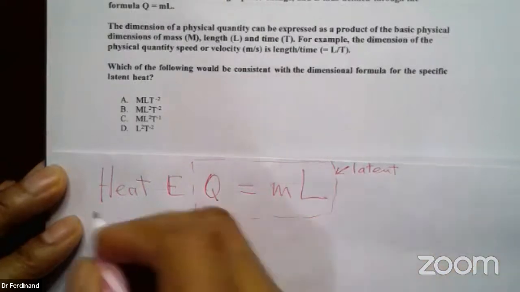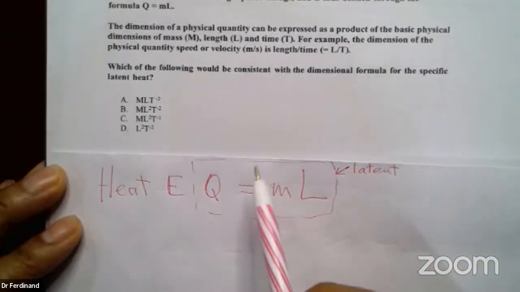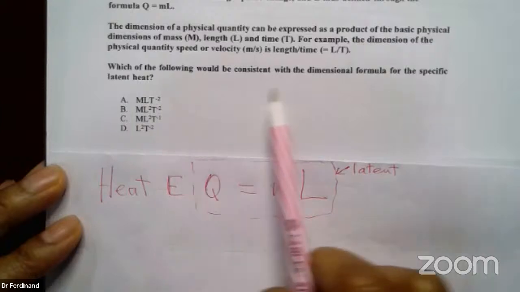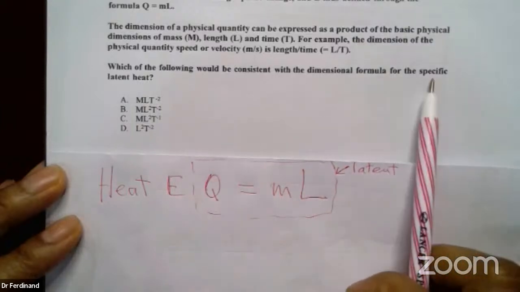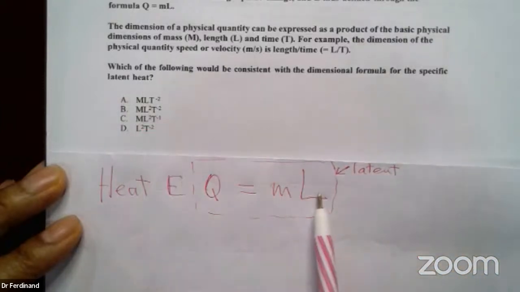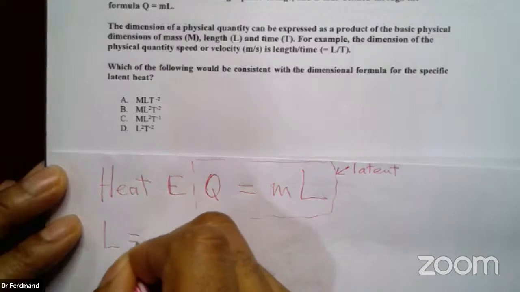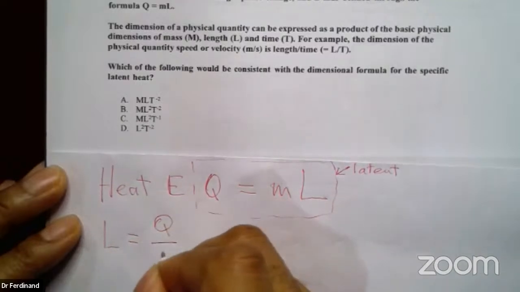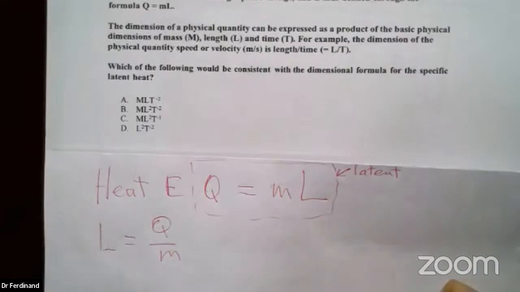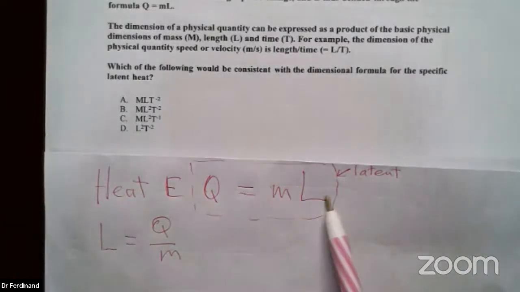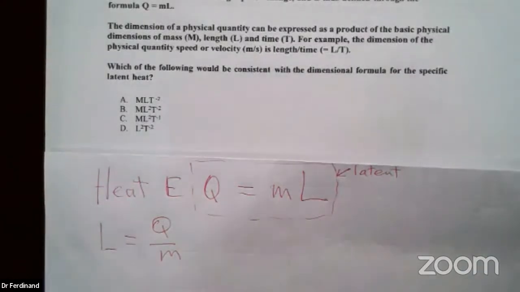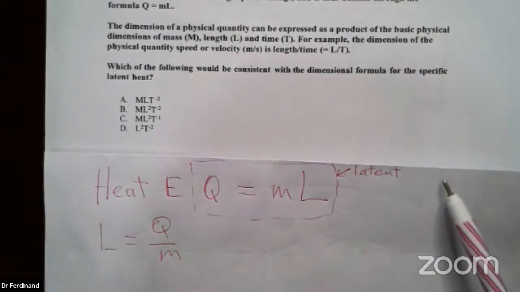Okay, so I'm going to reassemble this because we know that we're looking for the dimensional formula for specific latent heat. So we're looking for the dimensional formula for L. So L is Q over M. I'm just rearranging this by dividing both sides by mass and canceling mass.